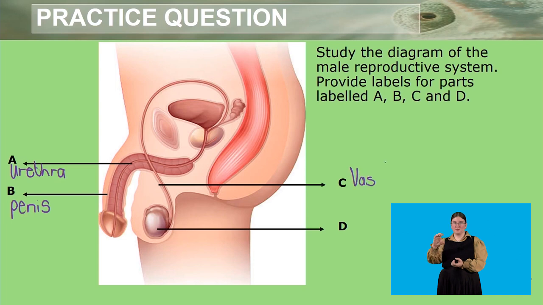Note that the V is in capital letters. We also know that the informal word for this part is the sperm duct. And then label D is pointing to the organ that produces sperm cells. We know that if it's one, it's testis, with an I, and the plural is testes.